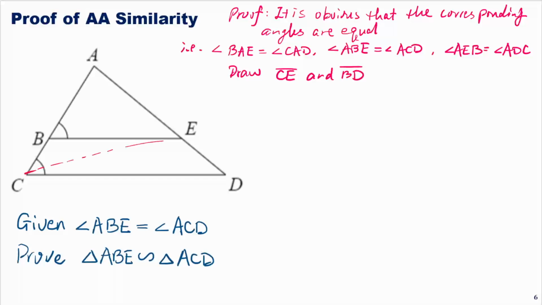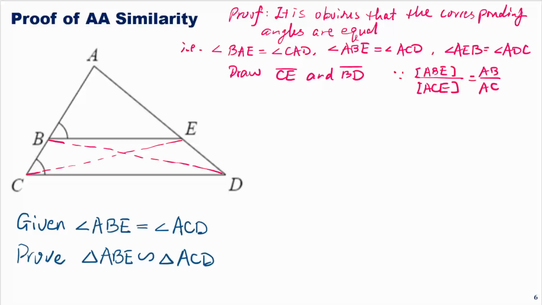Connect C and E. Connect B and D. And because we have the ratio of the area of ABE over the area of ACE equals AB over AC.